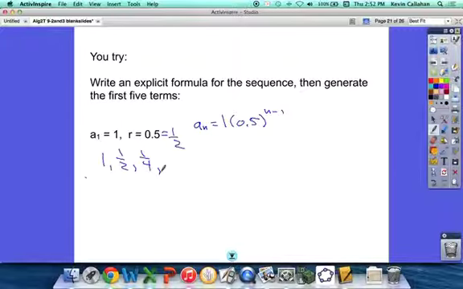What is the next term? 1/4 times 1/2, 1/8, right? 1/8 times 1/2, 1/16, right? If you did it as decimals, then 1, 0.5, 0.25, 0.125, and I think it's what, 0.0625? Either way.